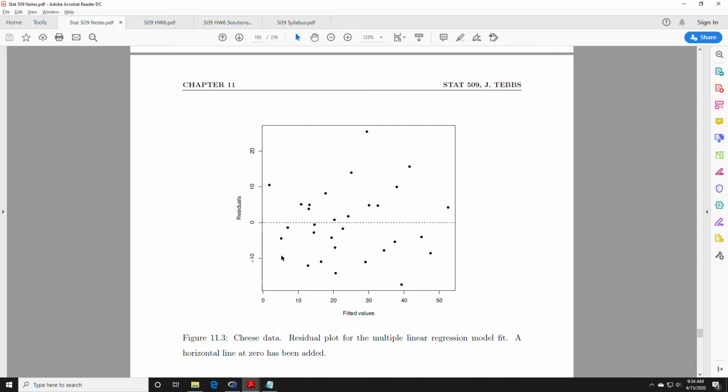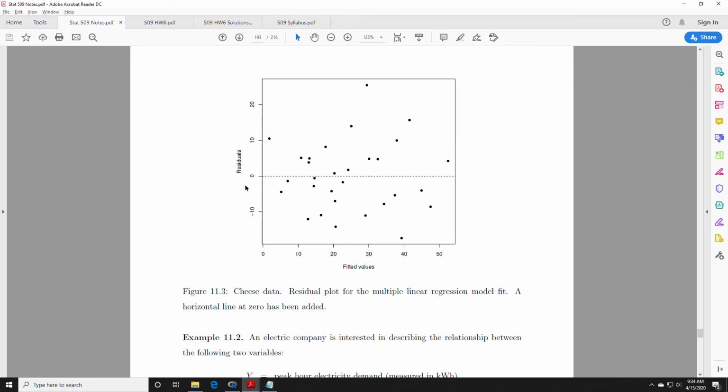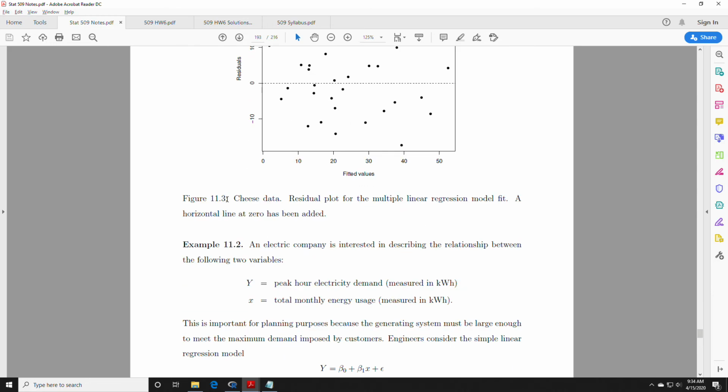For each point on the x-axis, we want the residuals to be scattered about 0, and we don't want some clear pattern. We also want how far they are scattered to be consistent, and I'll show you a nice example of what I mean. But this is a great example of a residual plot where all of the assumptions seem satisfied.